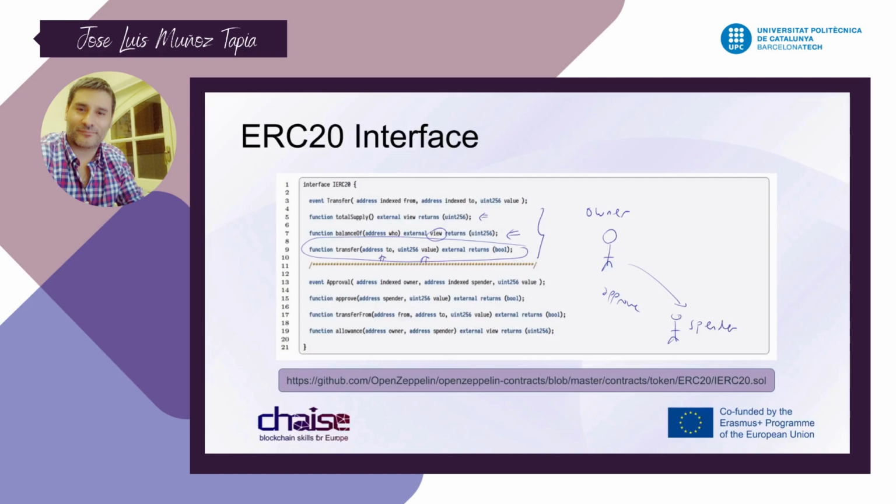And then this spender can spend the amount of tokens that you approved. The spender can transfer tokens on our behalf, let's say, to a destination here.